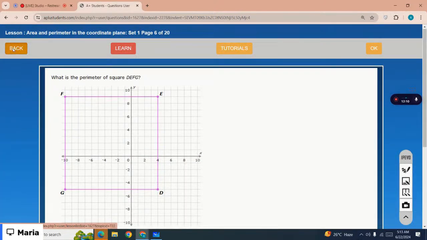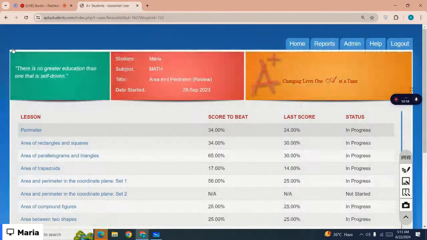Let me just move on to the next lesson. The next lesson is area and perimeter in the coordinate plane set 2.